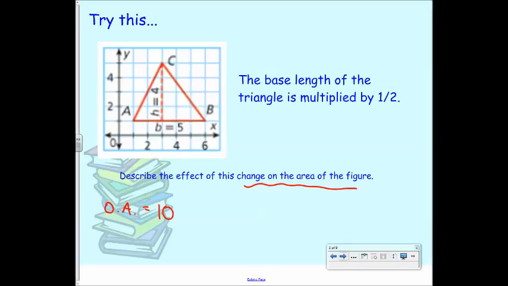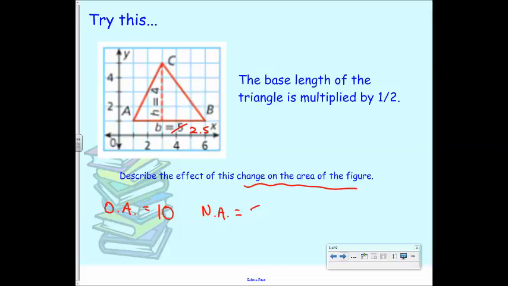And then it says the base length of the triangle is multiplied by half. So which one changes, the 4 or the 5? The 5. So what would the 5 become if it's multiplied by half? 2.5. So the base becomes 2.5, and my height is still 4. So what would my new area be? It would be 5.